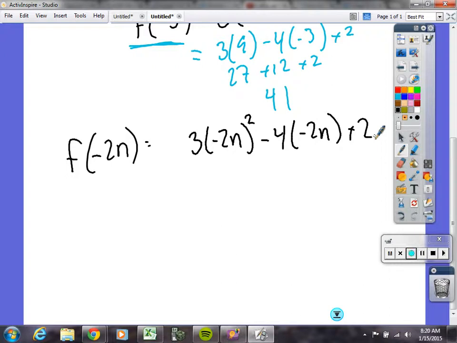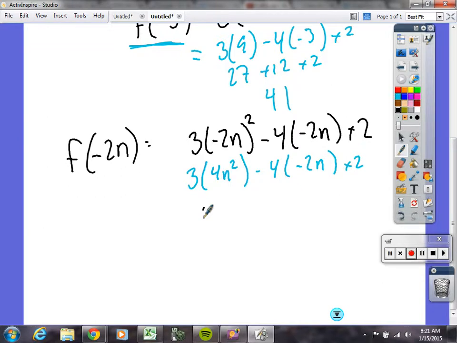What is negative 2n squared? Bailey, what do you think? I believe it's 4n squared. So I'm at 3 times 4n squared minus 4 times negative 2n plus 2.